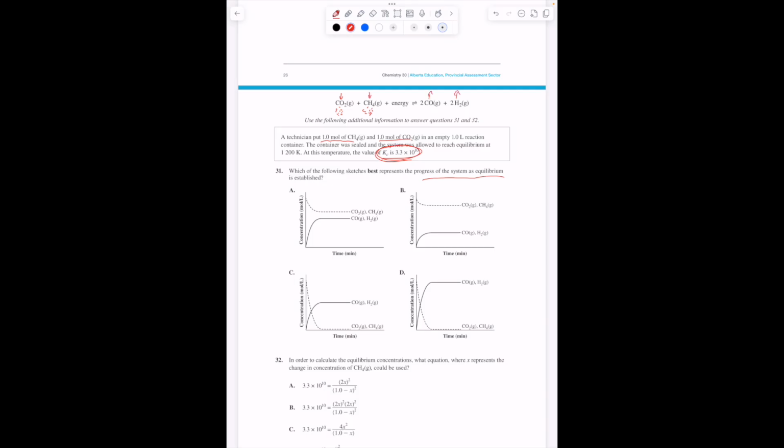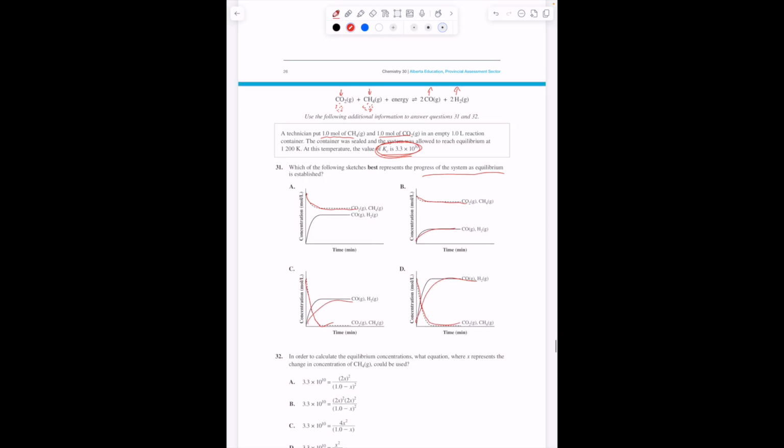So I need CO2 and CH4 to go down. Oh, they all go down. Okay. All right, so that's not helping me. CO and H2 have to go up. Okay. Yeah, okay. All right, well, that's not helping me. Okay, so what else? Just delete that.